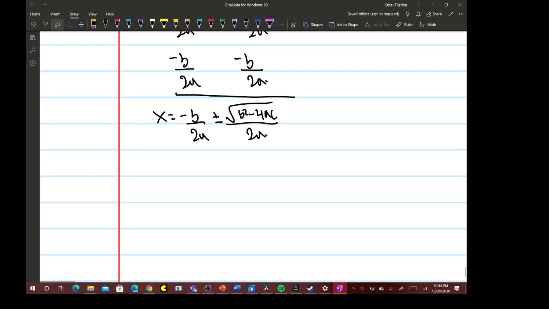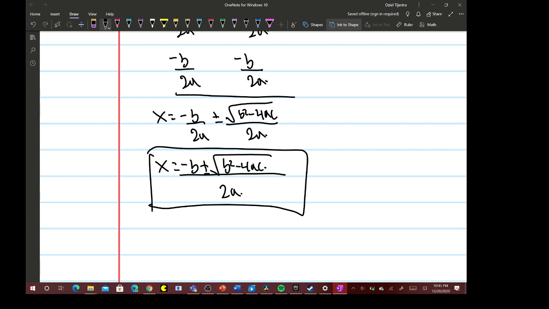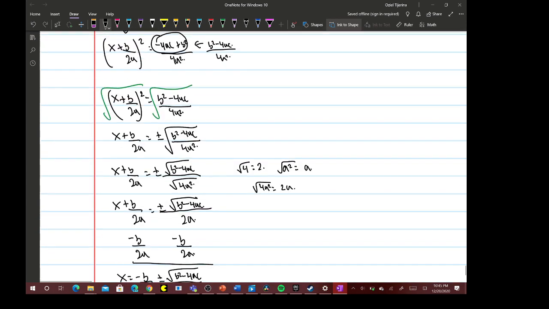And if we bring it together as a fraction, because they have the same denominator, we can say that x is negative b plus or minus the square root of the quantity b squared minus 4ac, all over 2a. And that is how you prove the quadratic formula.